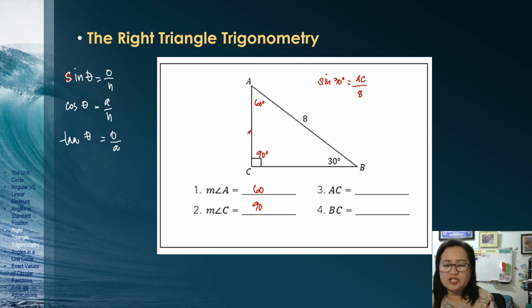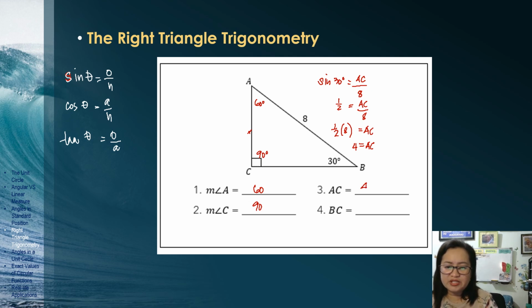So sine 30 degrees, that is 1/2. Okay, we can cross multiply already. 1/2 times 8 equals AC. So simplify, AC is equal to 4. Okay, so this would be 4.